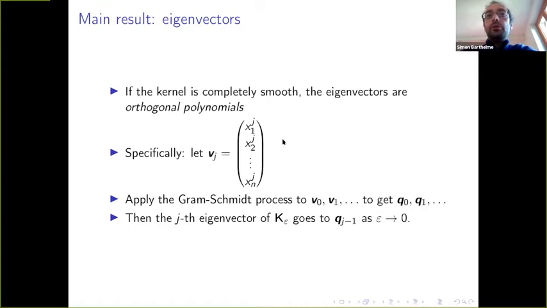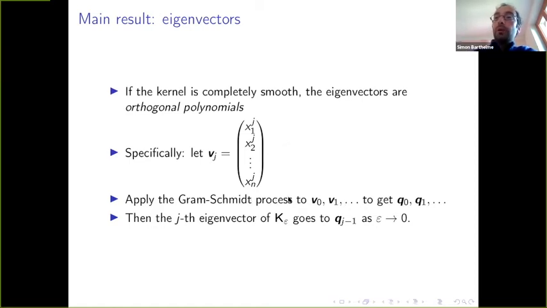I'm defining a set of vectors v0 to vn minus 1, where vj is the locations x1 to xn to the power j. So we start with x1 to xn to the power 0, so that's just a constant vector. Then the next order is x1 to xn, then it's x1 squared to xn squared, and so on. So these are my monomial evaluations.